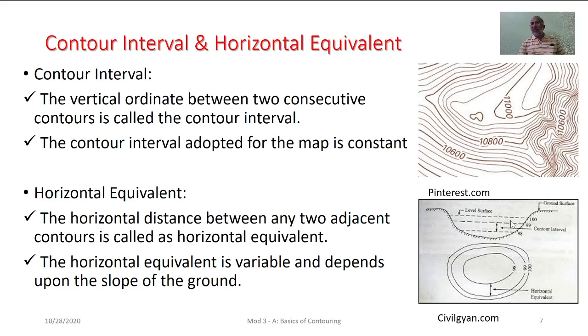In the same manner here, if this particular water surface has a value of 100 meters, the next shoreline will be obtained if there is a 1 meter drop. So this 1 meter drop will be considered as the contour interval, whereas what you see here is nothing but the horizontal equivalent.